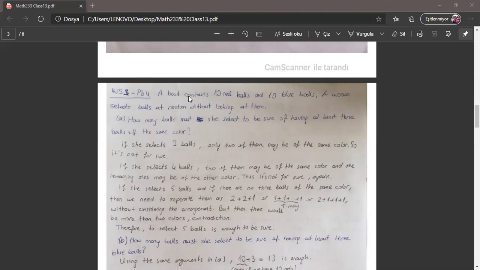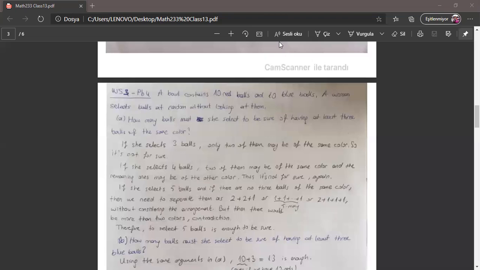But we know in the bag there are only red and blue balls, so it's not the case. And what about 1 each? It means the 5 balls have different colors, but then it means we have 5 colors. So again, this is not the case, and similarly, this is not the case.